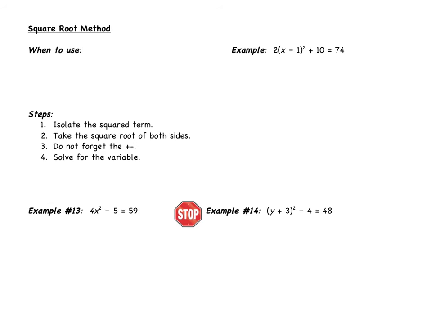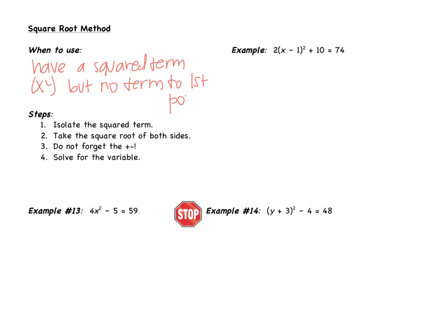What's really important is when to use this method. It's a really nice method. You can use it when you have a squared term, so like an x squared, but no term to the first power.